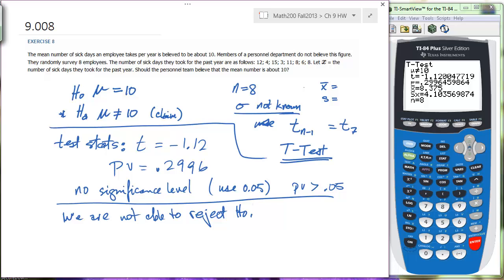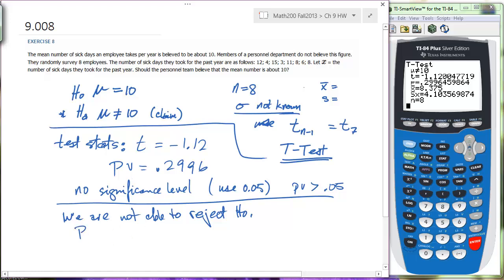And so we could say we did not reject the null hypothesis. So should the personnel team believe the mean number is about 10? It looks like they have no reason to believe otherwise.